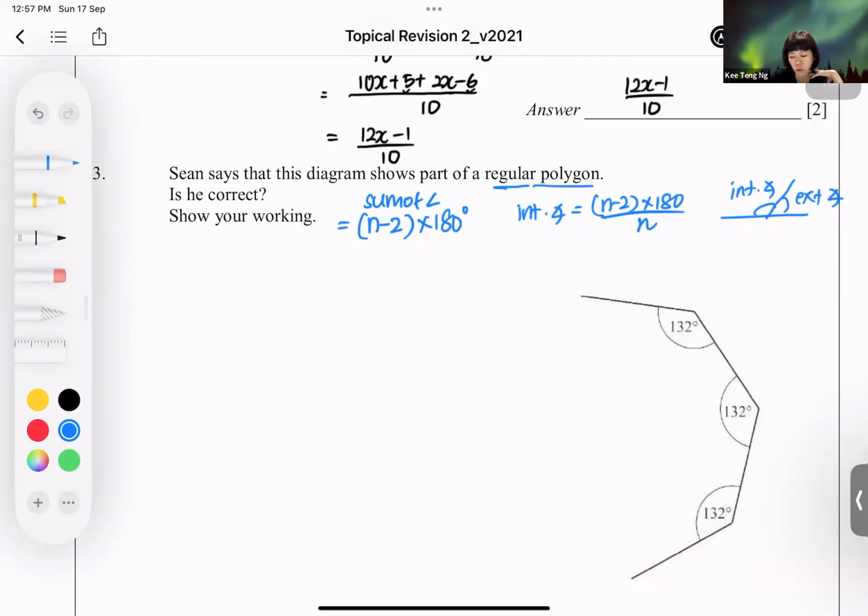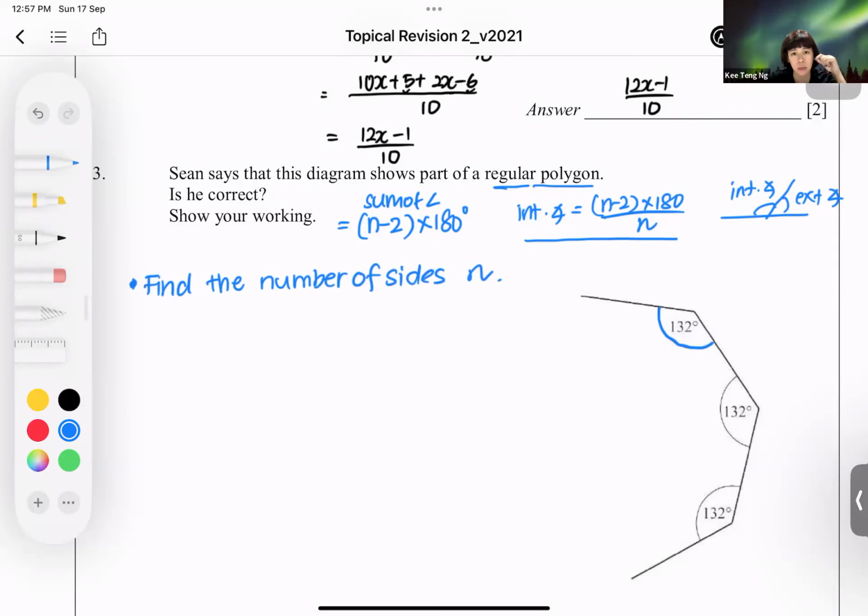So when you have this kind of question and that you have the interior angle formula over here, okay, so what you can do, the best option that you can do, the only answer that you can find, your objective is to find the number of sides, which is letter N. Okay, so you need to find the number of sides.